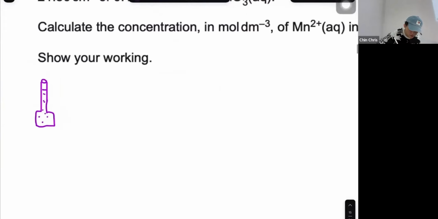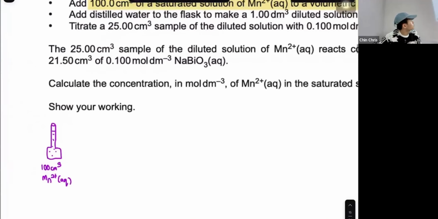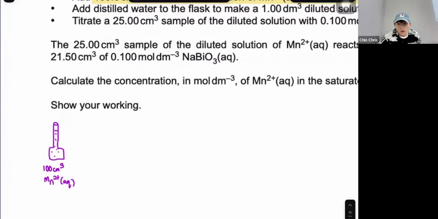Originally I have 100 cm cube of Mn2+. Please draw it out together with me. I want you to draw out everything, then I'm going to teach you how to tackle this question. This question is hard.